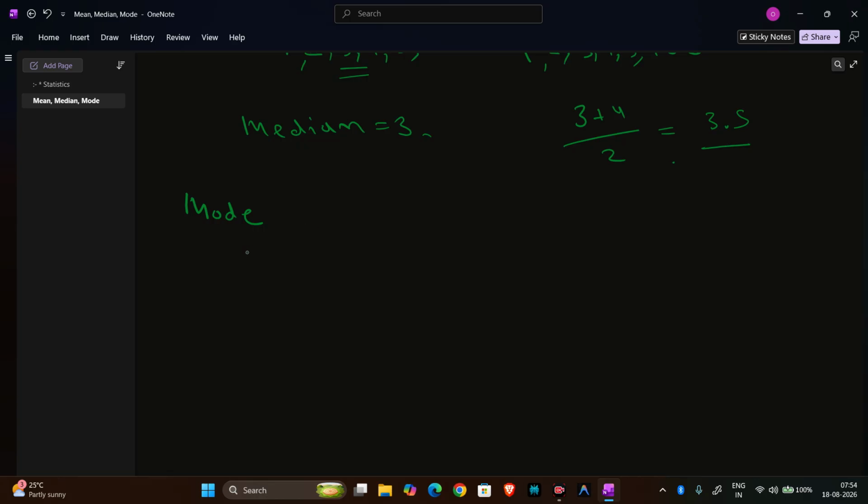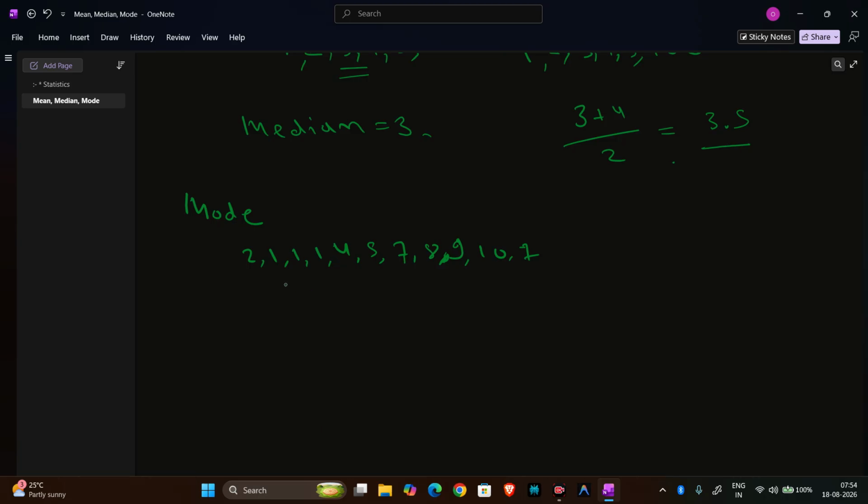So we have 2, 1, 1, 1, 4, 5, 7, 8, 9, and 10, and we will take here 7. So this is the data set. What is the mode? Mode is the element that occurs the maximum number of times.